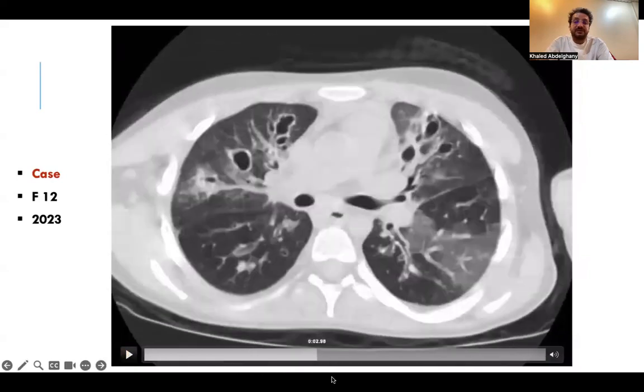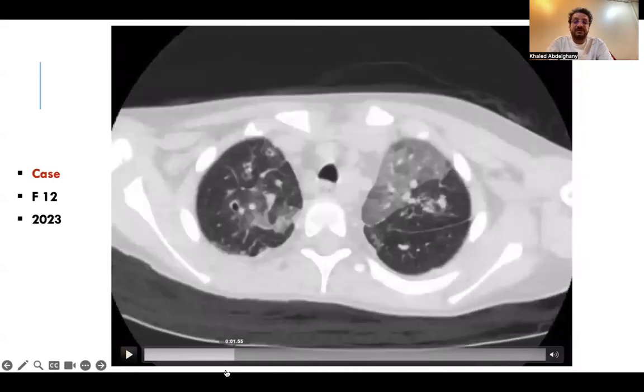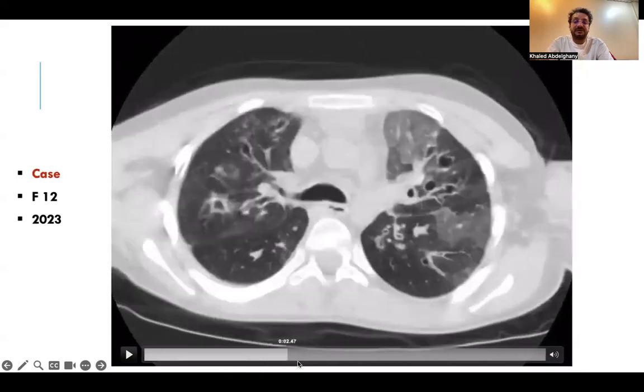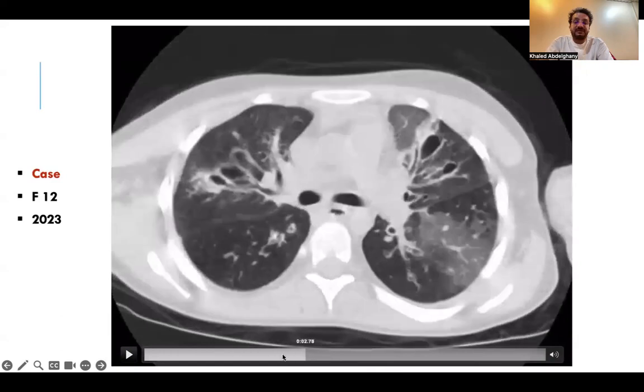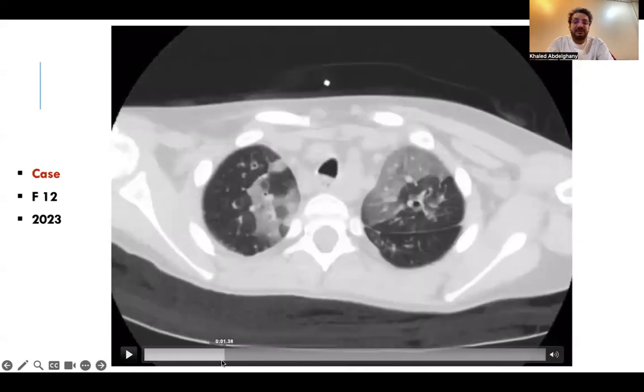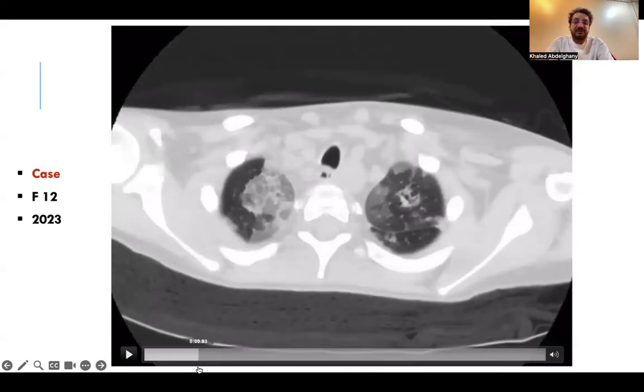Here, the patient shows another presentation of the infection. Widespread ground glass opacity. Here you can appreciate the presence of crazy paving, interlobular septal thickening, bounding the areas of ground glass.